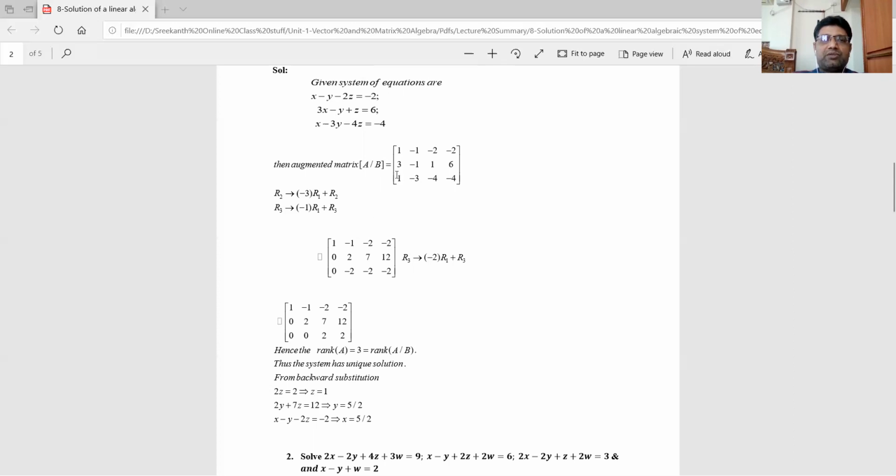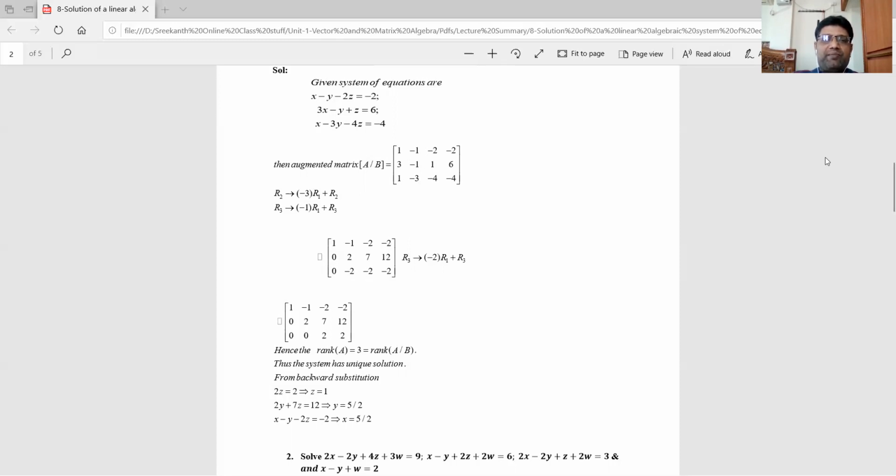If you do that, you will get 3 minus 3 is 0, minus 1 plus 3 is 2, similarly 1 plus 6 is 7, and 6 plus 6 is 12. Similarly 1 minus 1 is 0, minus 3 minus of minus 1 means minus 2, minus 4 plus 2 is minus 2, minus 4 plus 2 is minus 2.